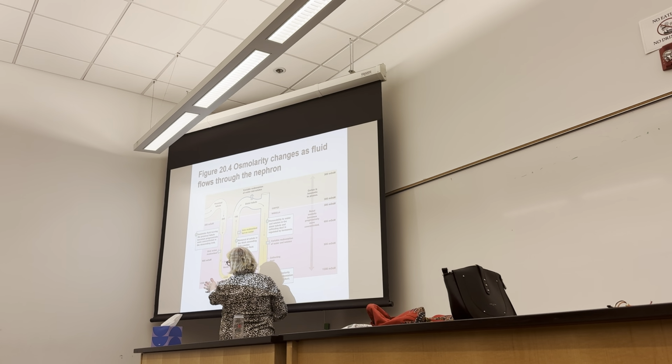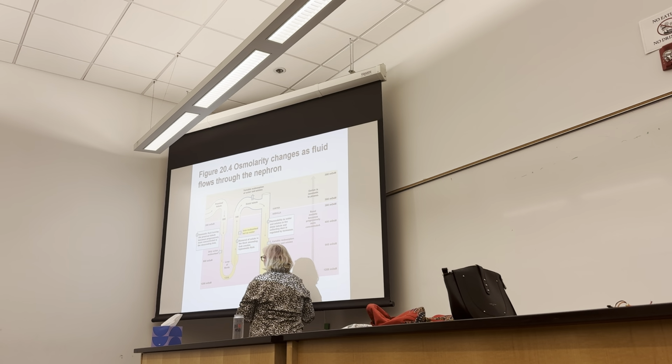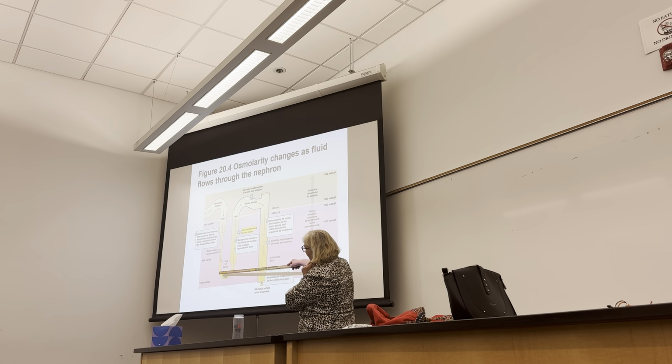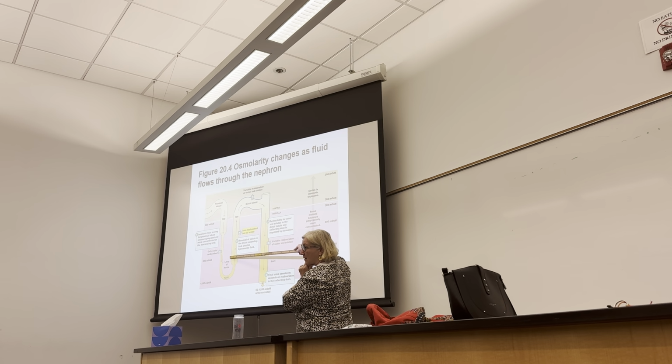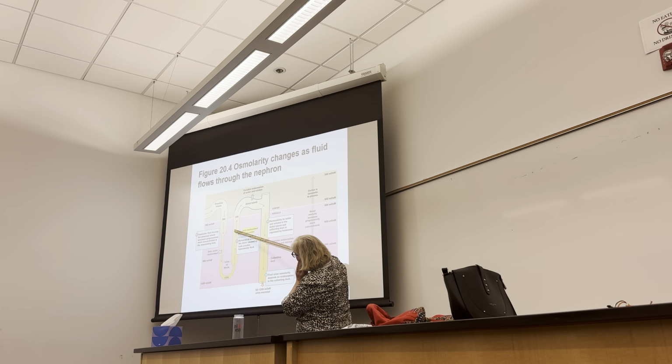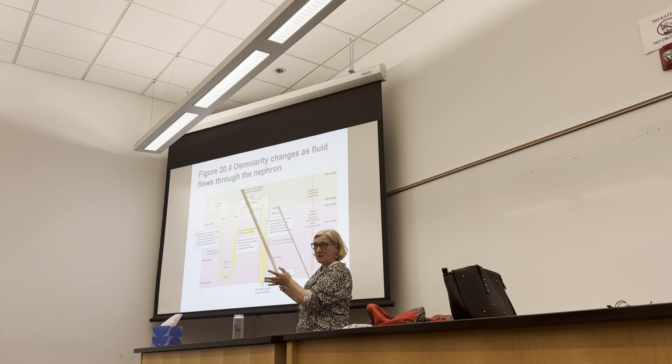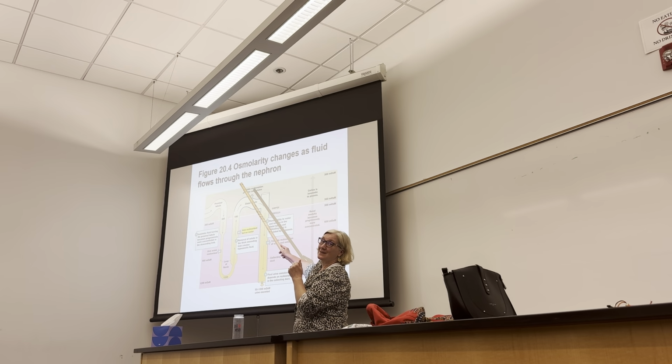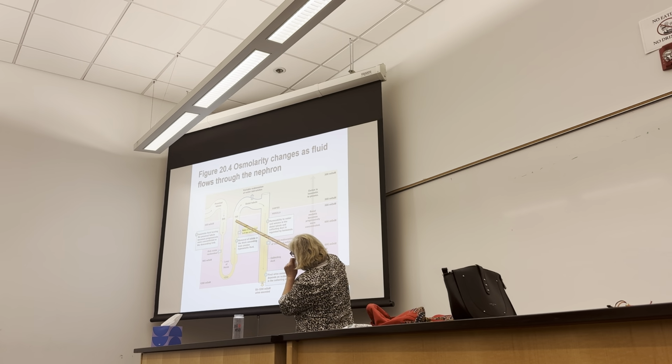Then as the filtrate flows, water cannot leave anymore, but solutes leave. And as the solutes leave, you can see how the osmolarity is decreasing, because you have less solutes. You following me?